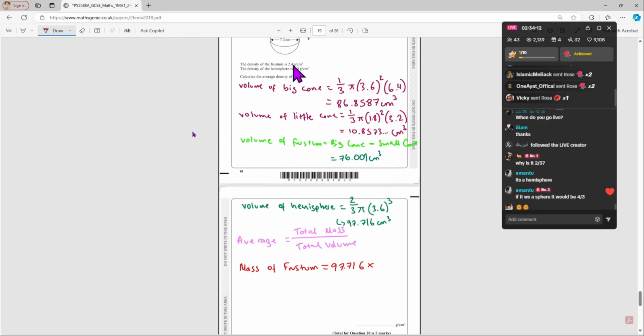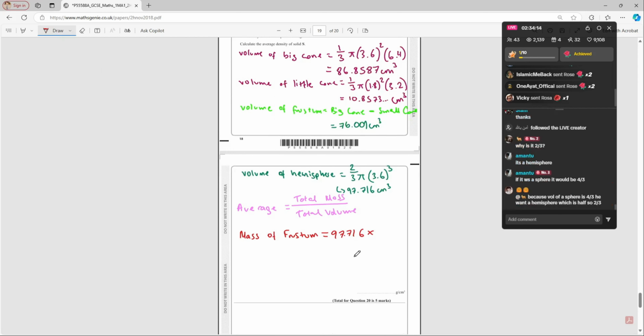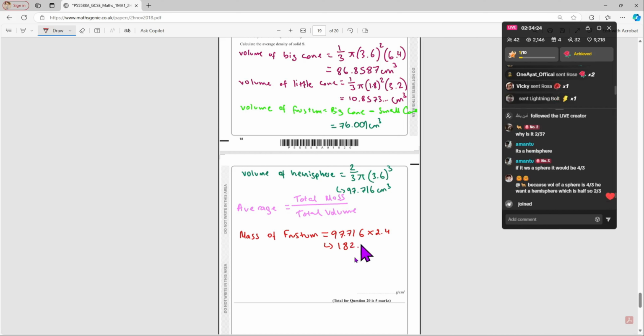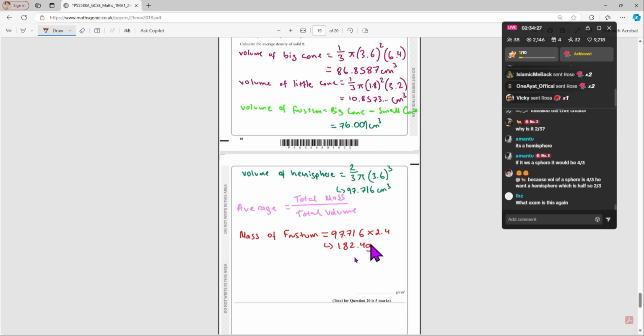So the density of the frustum is 2.4, times by 2.4, that will give you 182.4. 182.4 grams. Okay, 182.4 grams done.